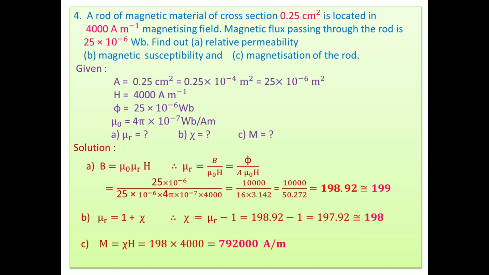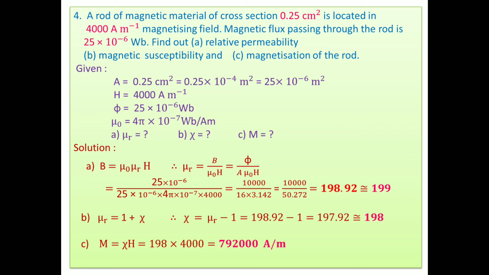Magnetic field is nothing but the magnetic flux per unit area. Substituting this formula, phi upon A mu 0 H. Phi is given 25 into 10 raised to minus 6, A is given 25 into 10 raised to minus 6, mu 0 is 4 pi into 10 raised to minus 7, and 4000 is there.